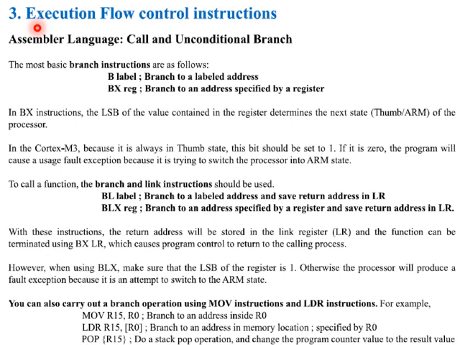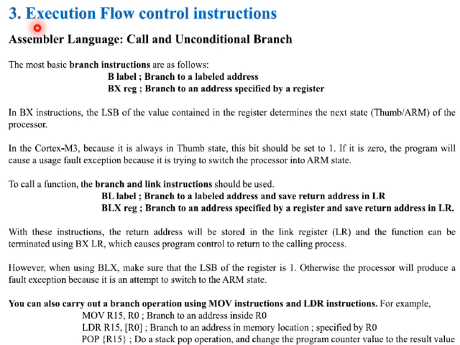Otherwise, it has to execute the next immediate line, that is line number 6. Like that you can include these instructions in your program. These are called branch and call instructions, which include unconditional branch instructions.